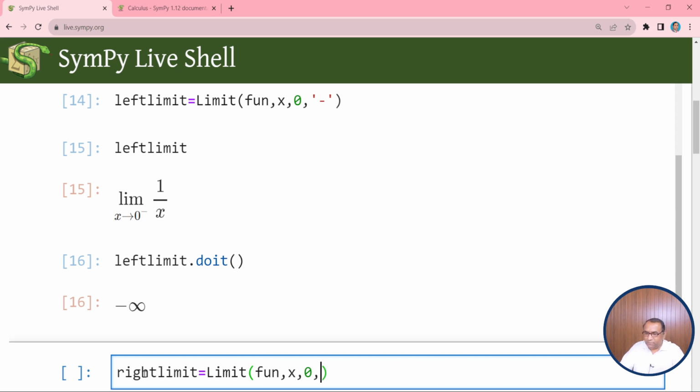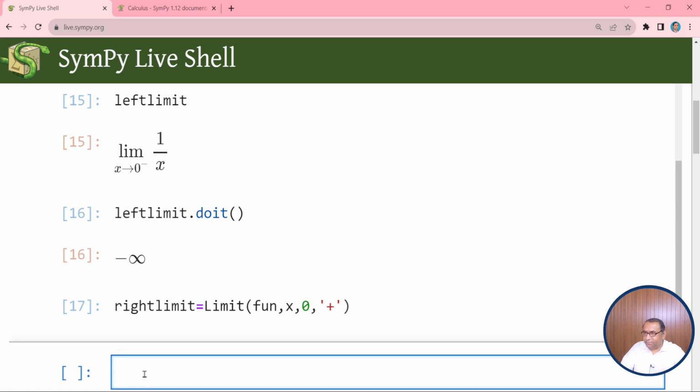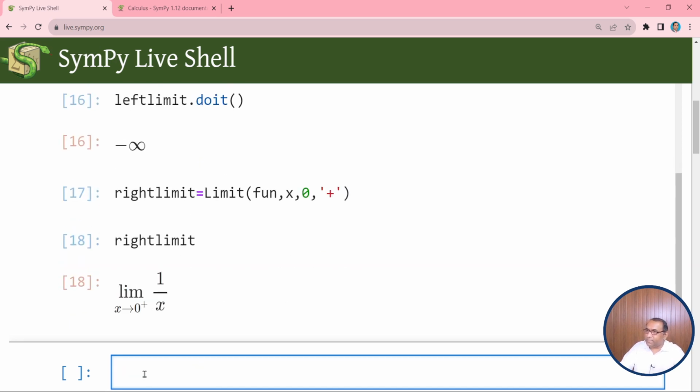This is the limit from the right side; use the quote sign, and for the right limit we use the positive sign, then enter. The statement has been entered and all the information on the right hand side is stored in right limit. Again, if you want to print this value, enter the assignment variable. This will print the value, and this is the required expression in symbolic form.